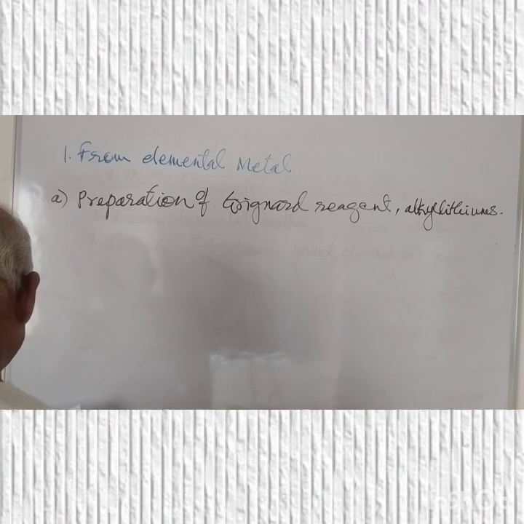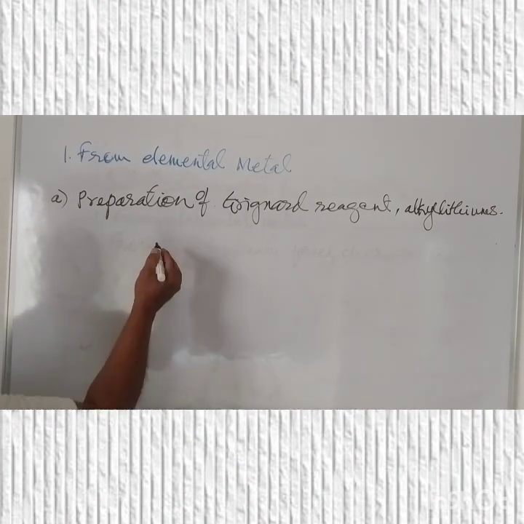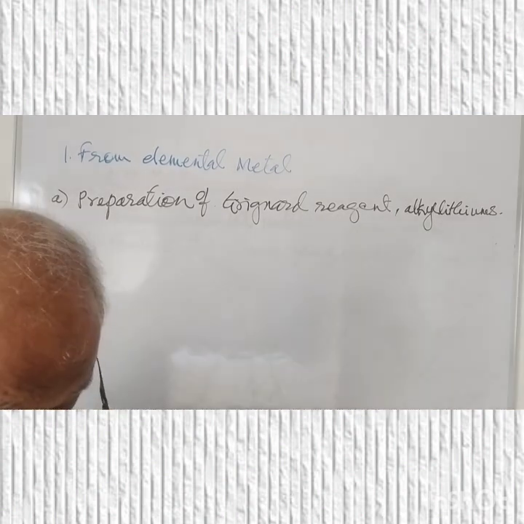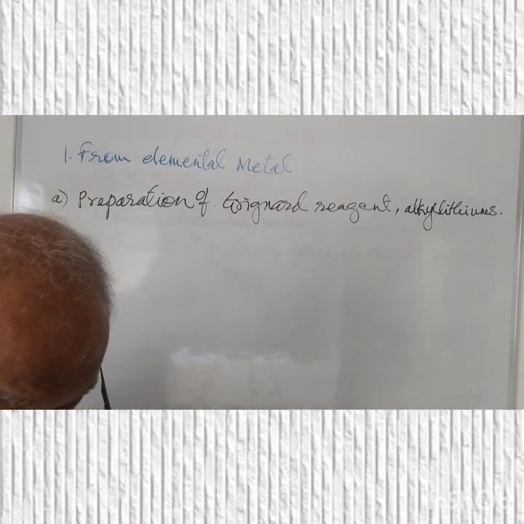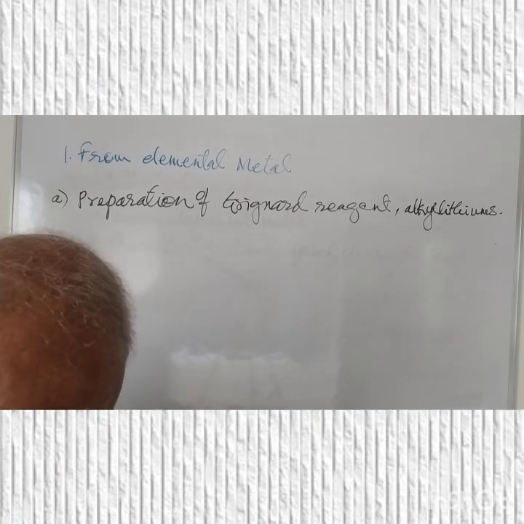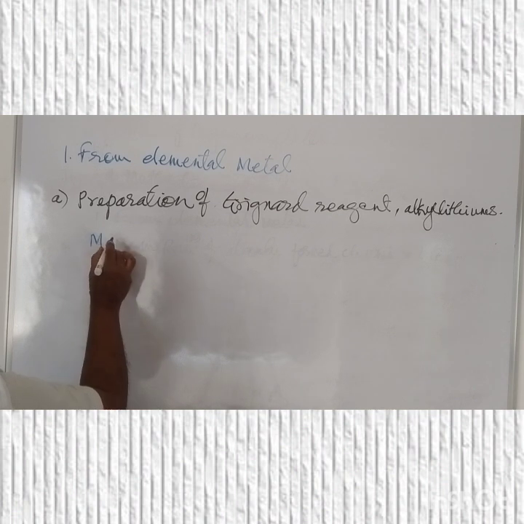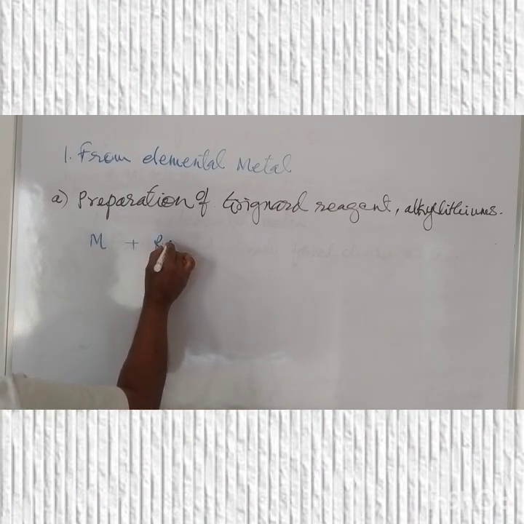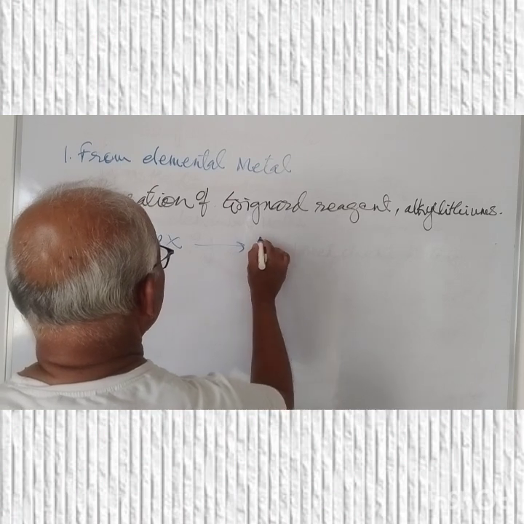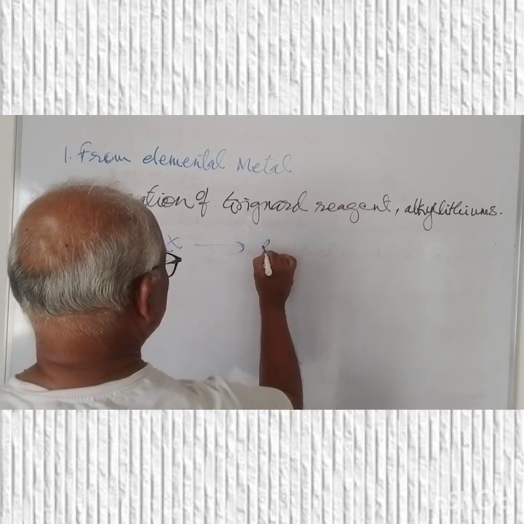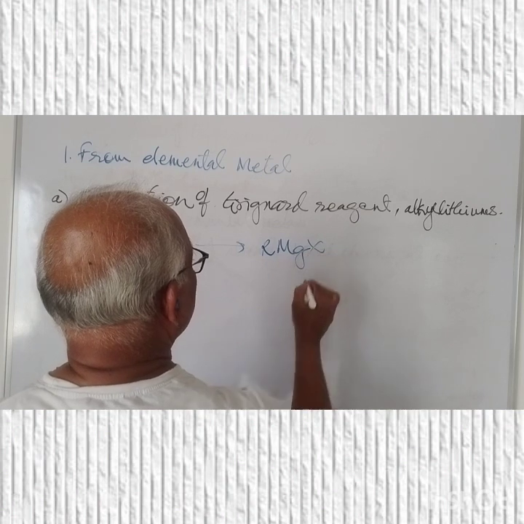For example, we can represent these reactions in simple form this way. The metal in the elemental state, M, plus the alkyl halide RX, gives RMgX.